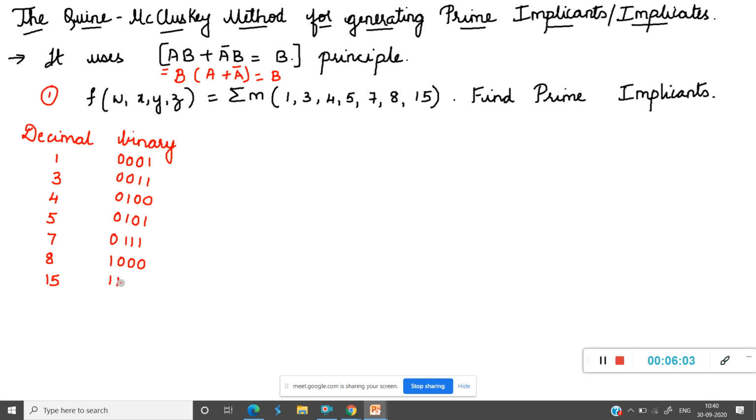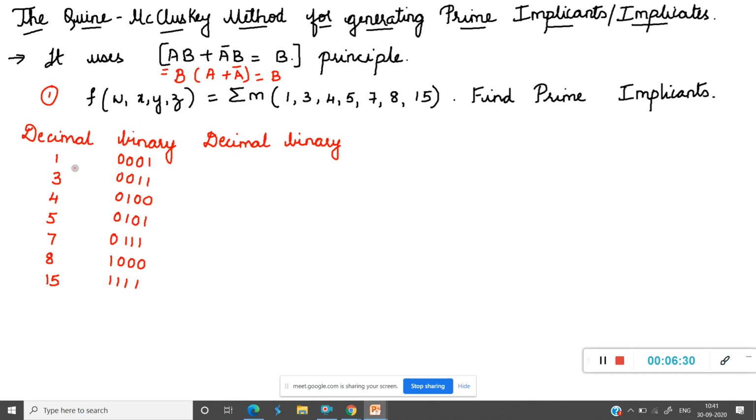Next 15 is 1, 1, 1, 1. So first we need to write the decimal numbers in binary form. Next step is to group these according to the number of ones. How to do it? See here. This is again decimal, and again binary.